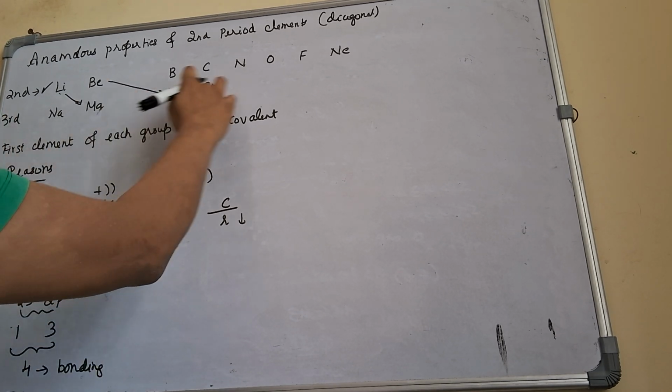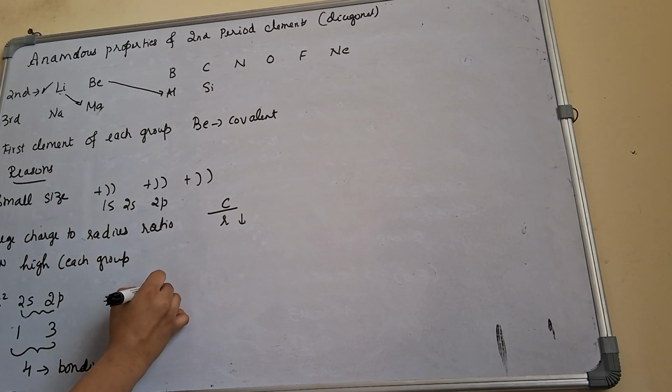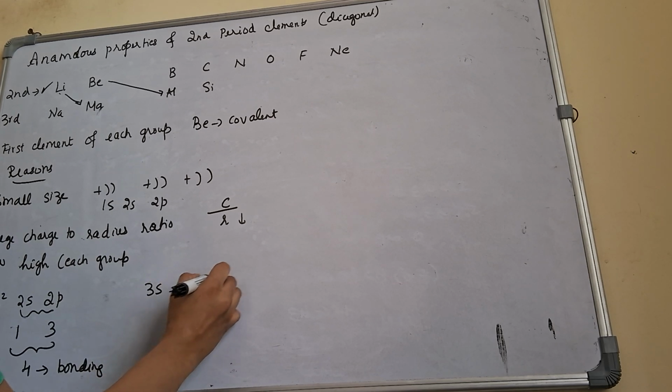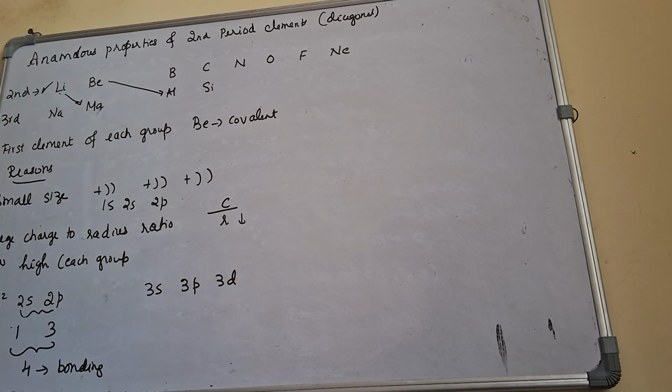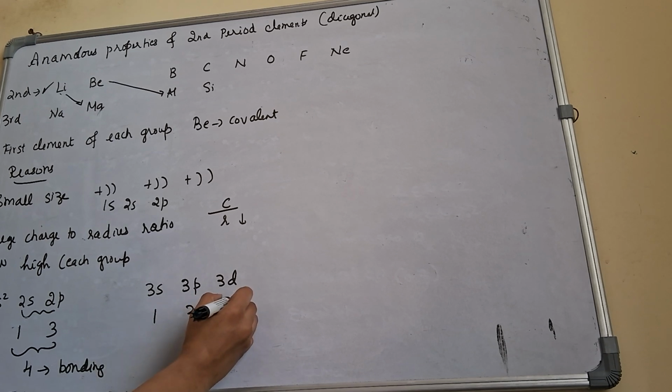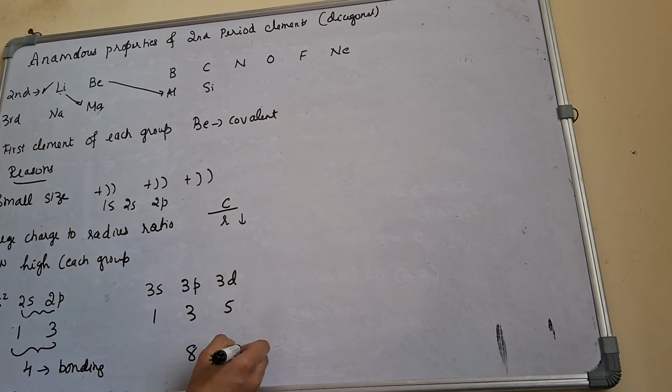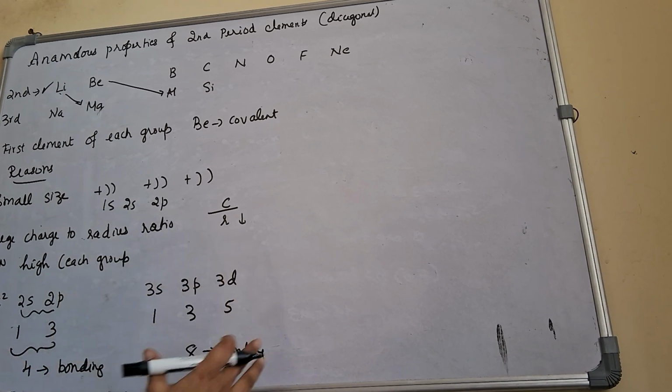Whereas, if you go to the third period, look at that, their valence shell is 3s, 3p and 3d. Right, third period. Of course, 4 is there, but I'm talking about the valence shell here. 1 orbital here, 3 here and 5 here. They have totally 9 orbitals available for bonding. So, they can perform better.